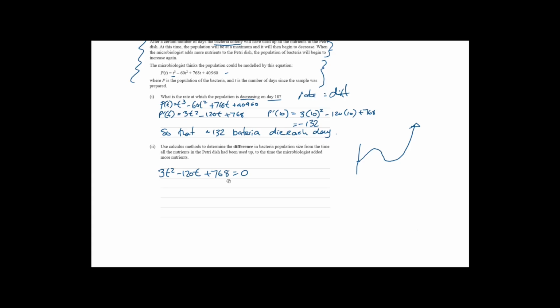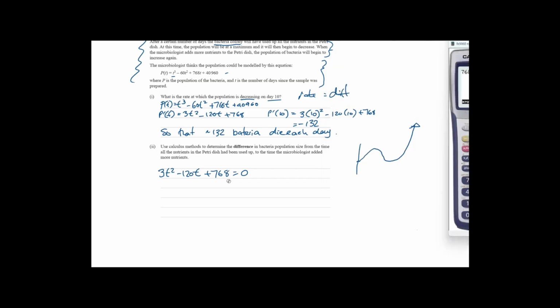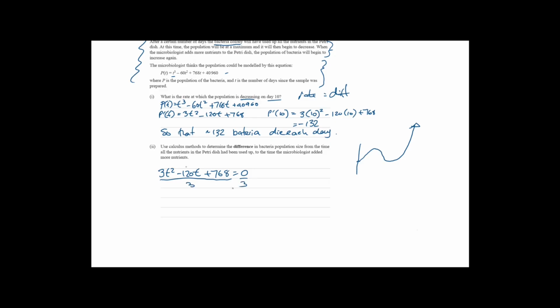So 768 divided by 3 is 256. Okay, so they do. So if we divide both sides by 3, which is good because 0 divided by 3 is still 0, we get t squared minus 40t plus 256 equals 0, and I've no idea the multiples of 256.